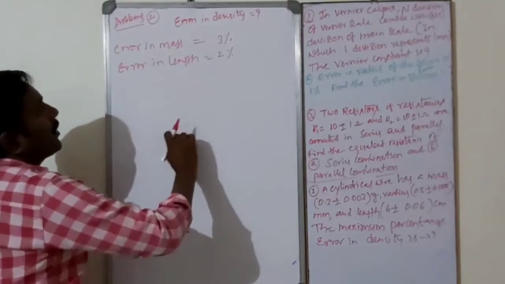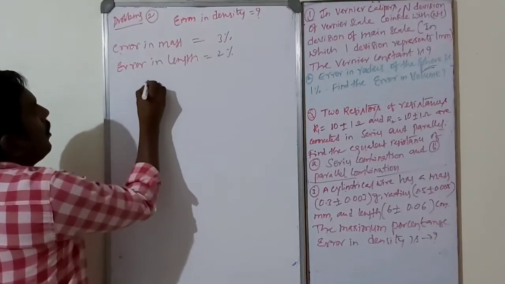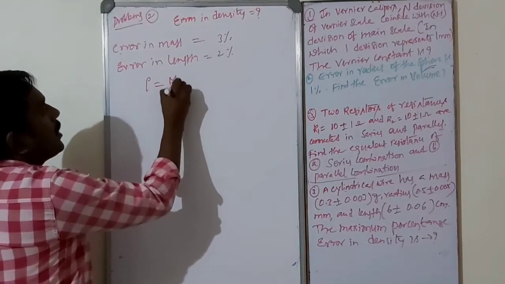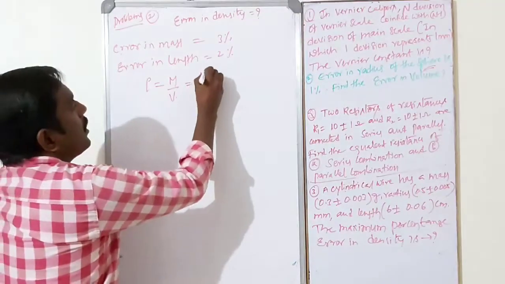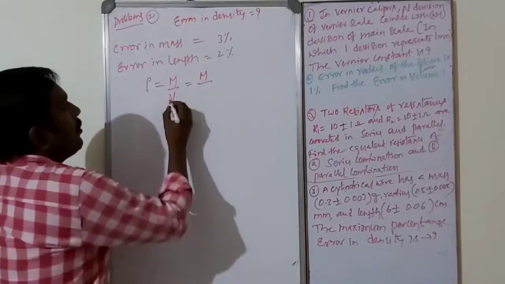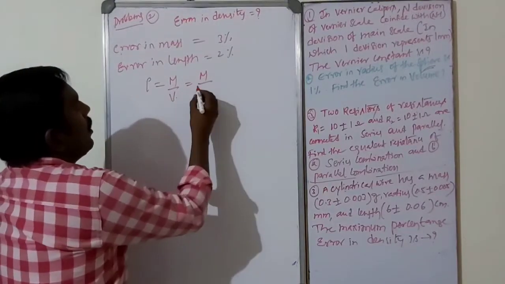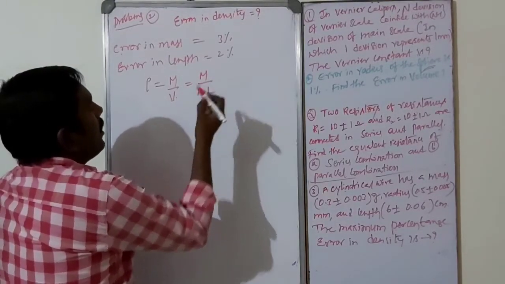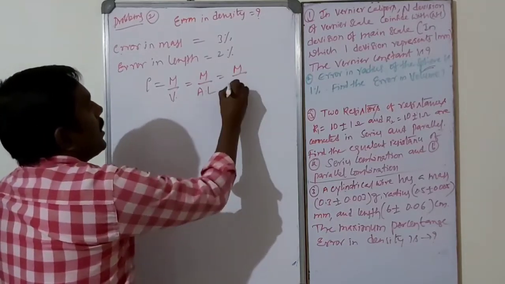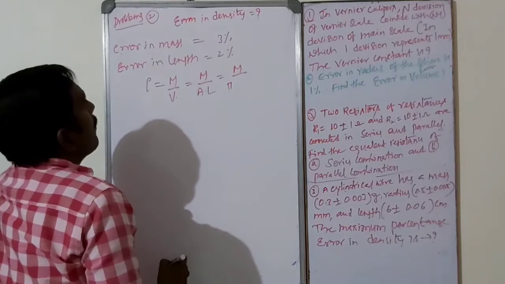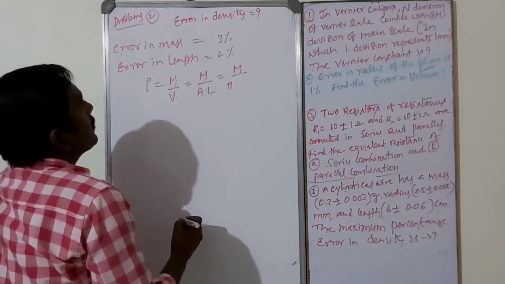See, already we know density is nothing but mass by volume. Mass divided by volume, so volume means area into L. Area is nothing but pi r square.